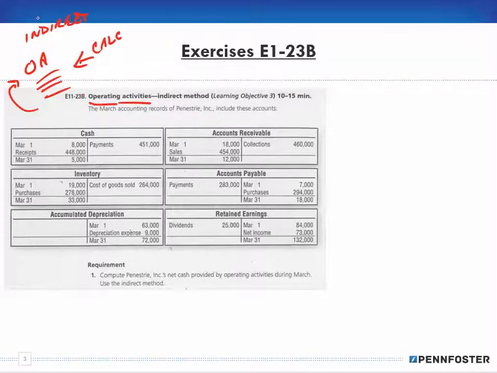All of this was covered in all of those short exercises, so I'm not going to be so concerned with how to format sections and this and that. What I'm going to be more interested in is making sure that I'm hitting the right activities and calculating the right amounts.